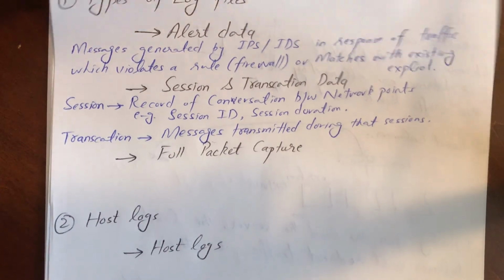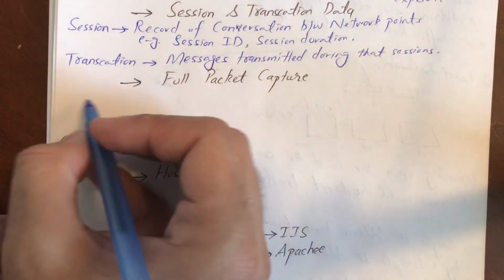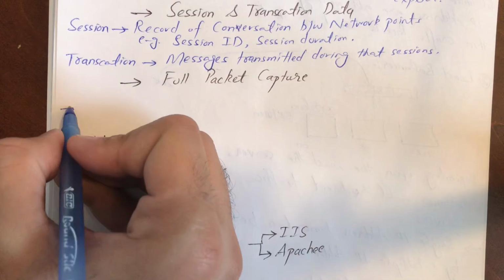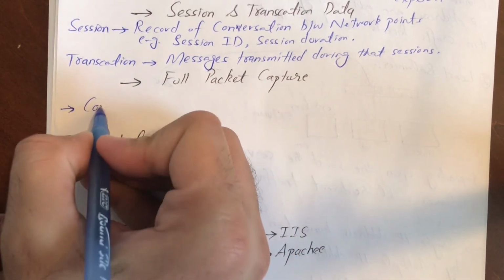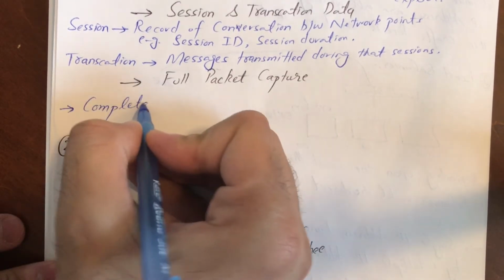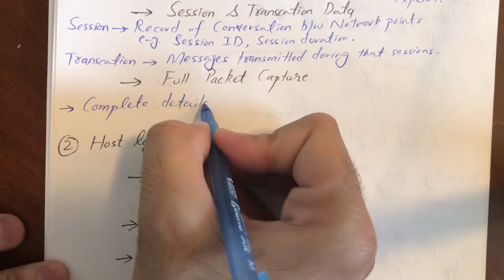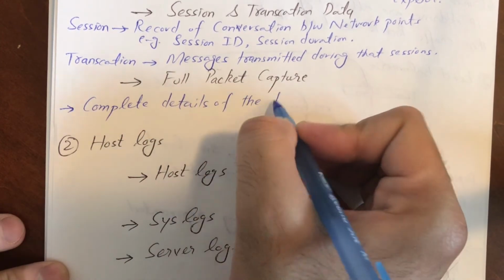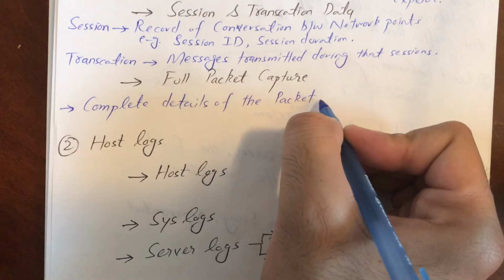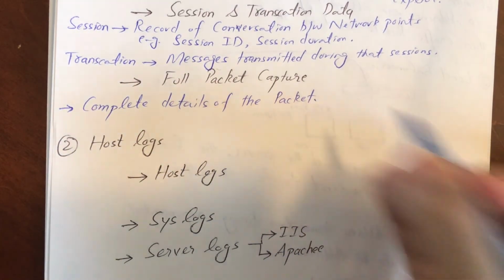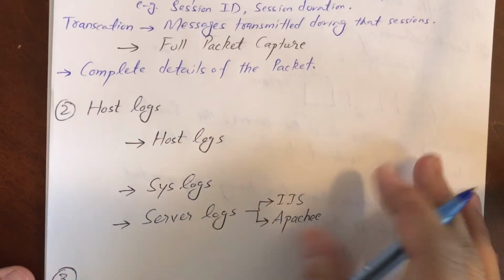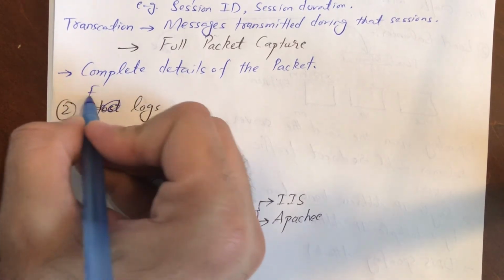Then full packet capture. Packet capture is basically the complete details of a packet, like the source IP address, destination IP address, HTML page, etc. Now endpoint logs.